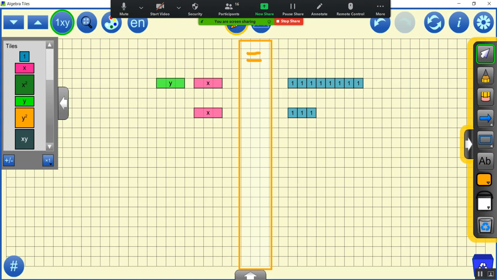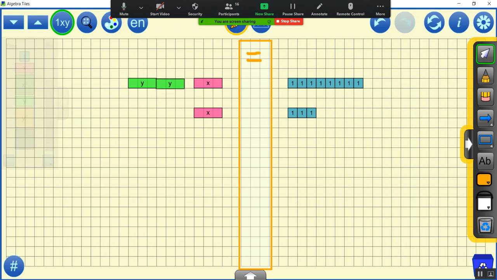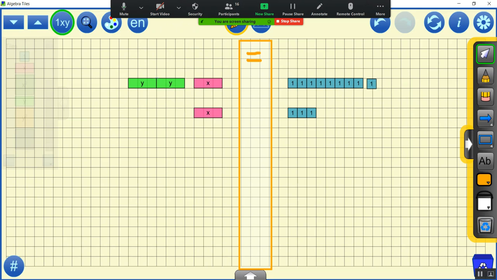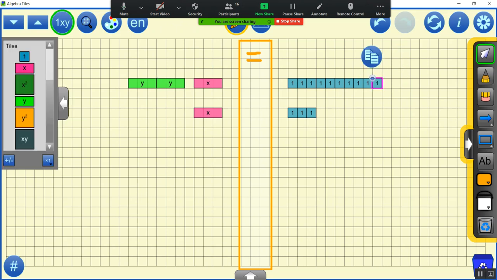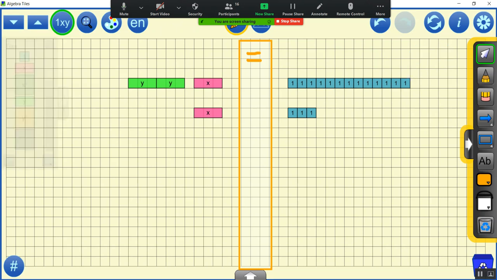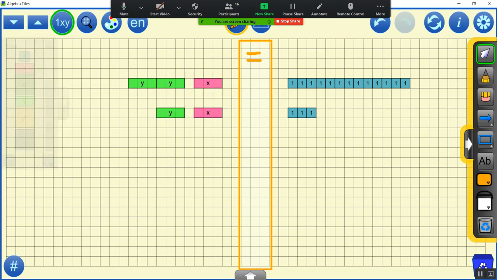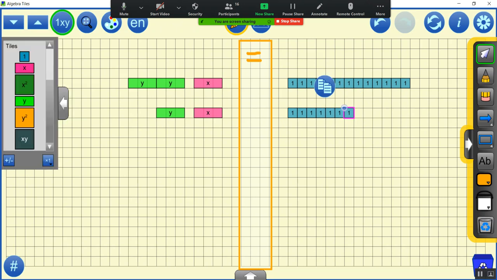So what happens, for instance, if I include another y? Okay. Well, we know that I'm going to have another 5. One too many. Okay. And if I have this information as my second equation, 2, 3, 4, 5.